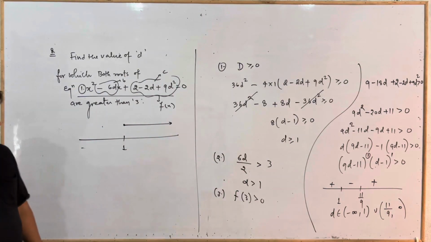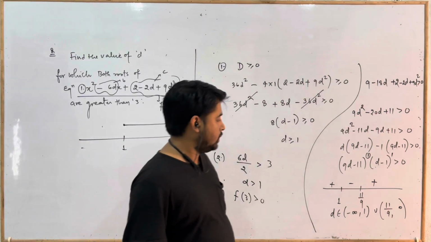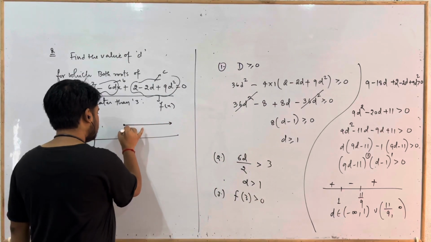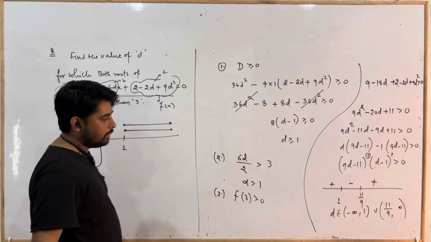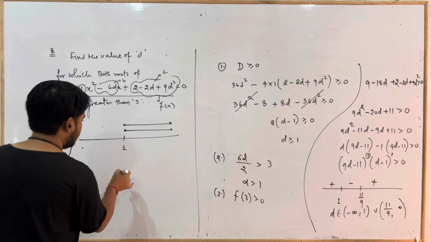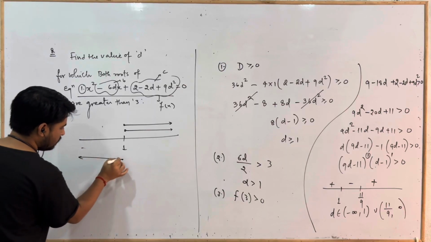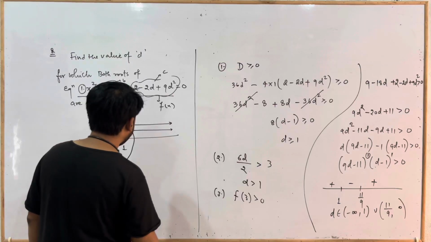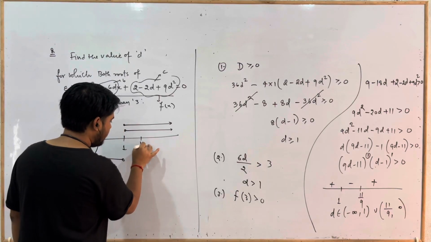Second one is what? Your D belongs to greater than 1. So D belongs to greater than 1. And third is minus infinity to 1 and 11 by 9 to infinity. So this is 11 by 9 here.